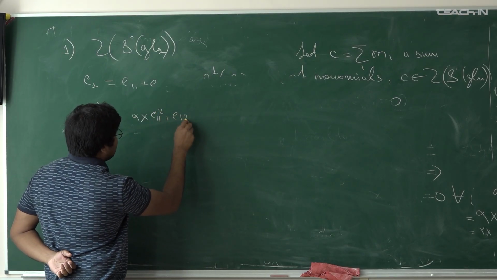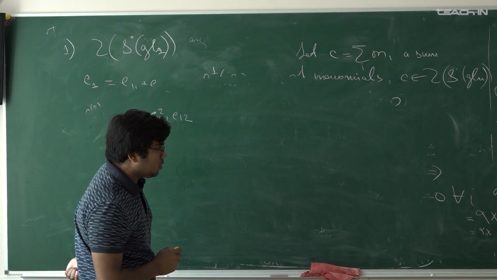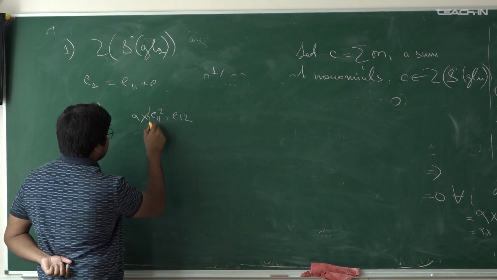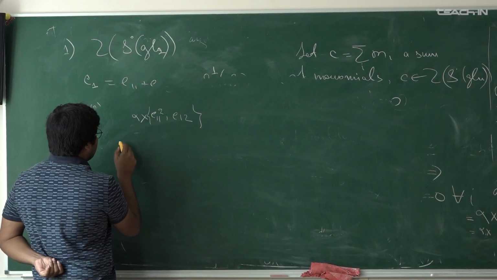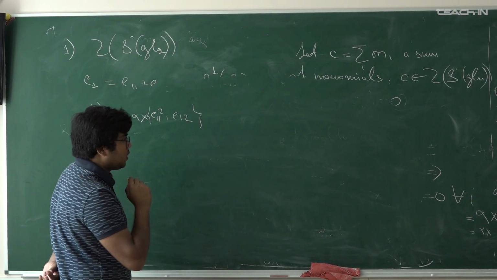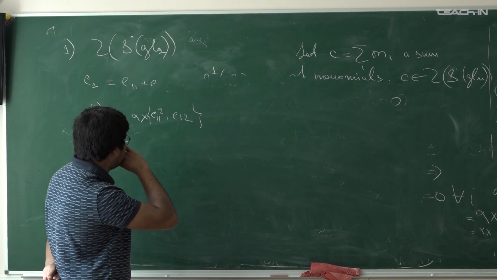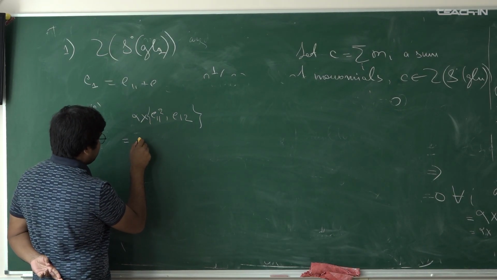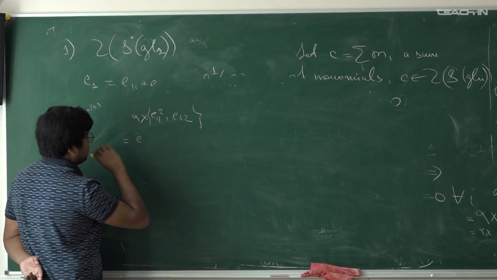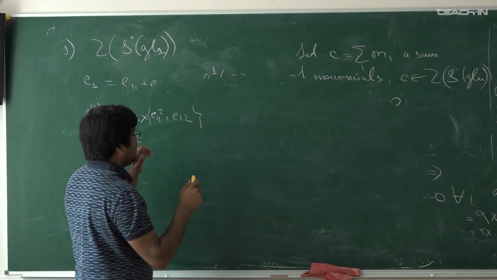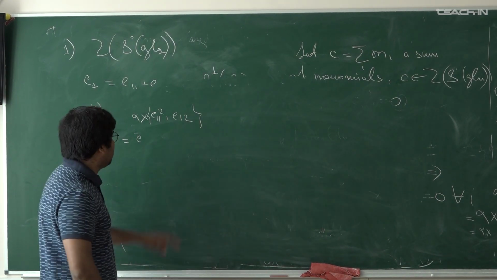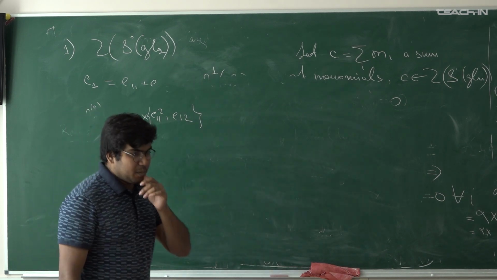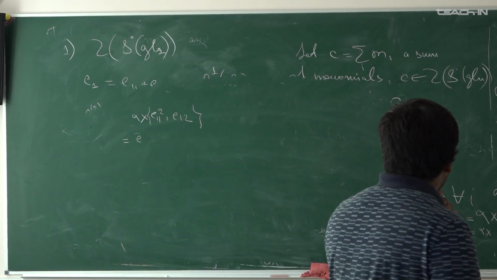E12 squared, for example. Maybe I can quickly calculate everything. So what was that formula with two indices? Help me to calculate it quickly.